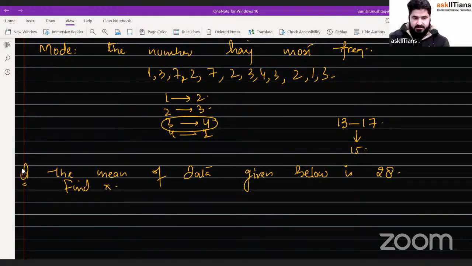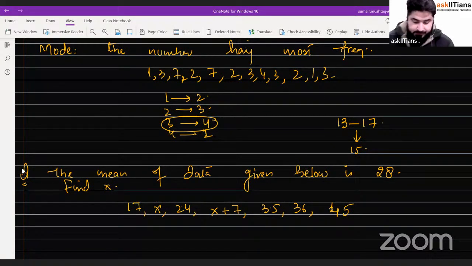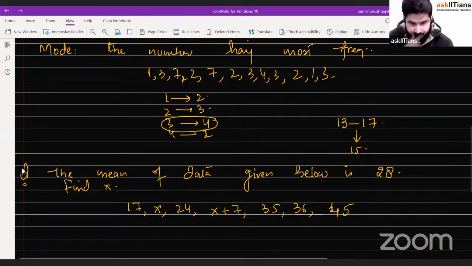First of all, the data given is 17, x, 24, x plus 7, and there is 35, there is 36, there is 45. Okay, how to find x? Come on, do it fast.